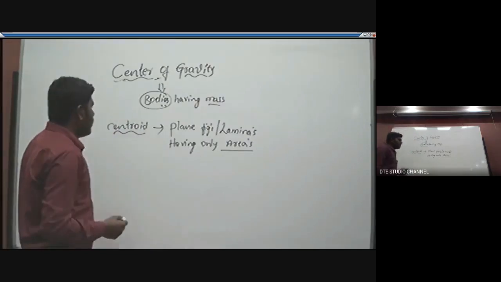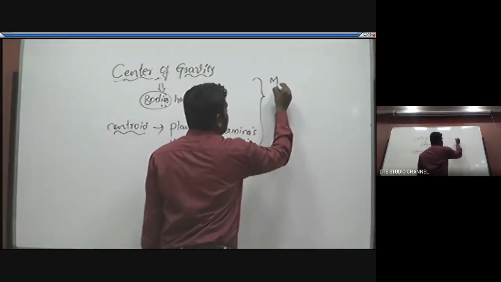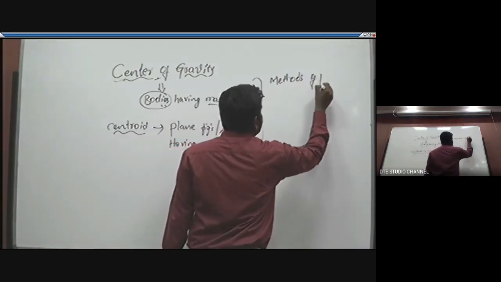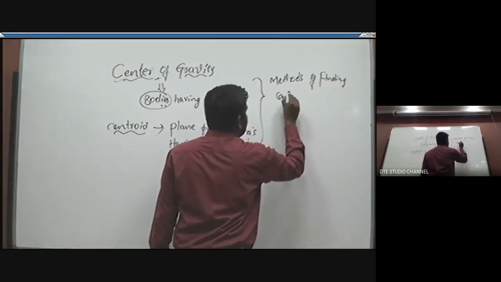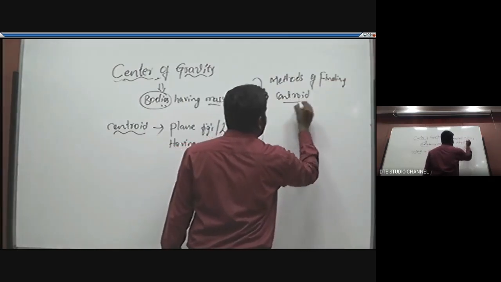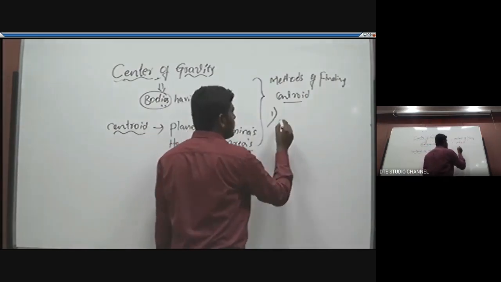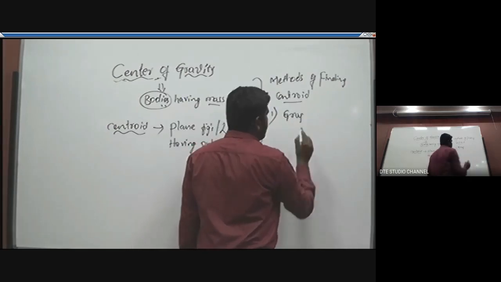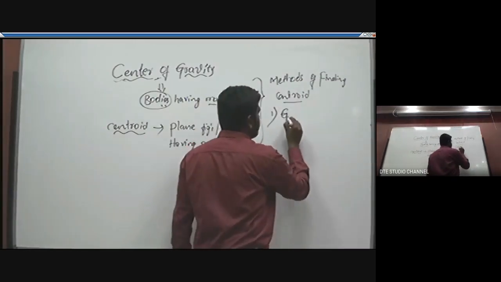Then we came to know the different methods of finding a centroid for some important laminas. The first one is the mathematical or graphical method, or by means of geometrical considerations.